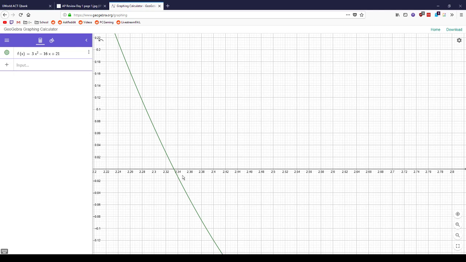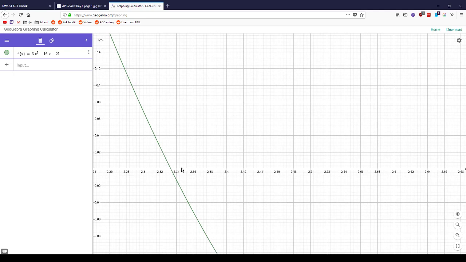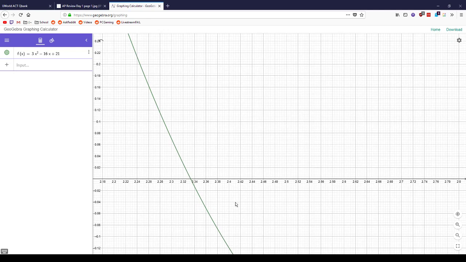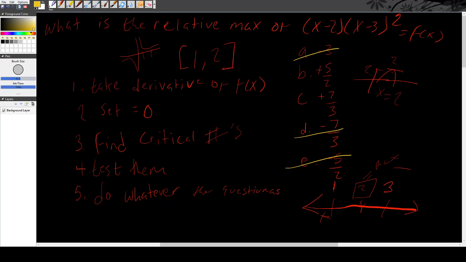I don't actually know why, because 2.33 would not round to 2.34. But anyways, that's how I ended up eliminating these and got this as my answer.